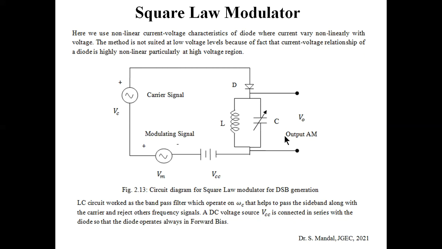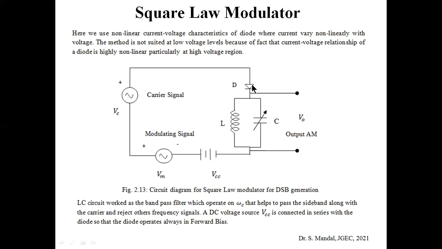So obviously we need to use high voltage. Okay, so in high voltage we use a non-linear device such as a diode. So this is basically the circuit diagram for the square law modulator. Now why the term square law, that will be discussed later.